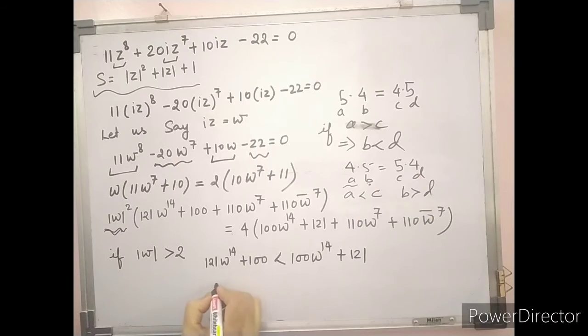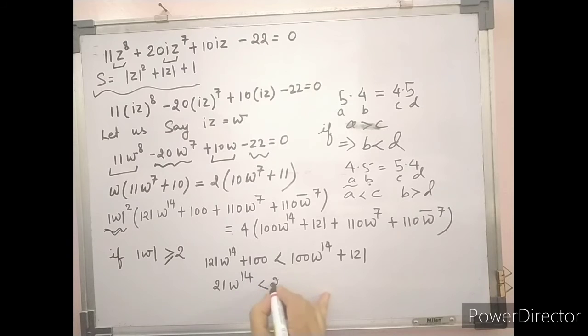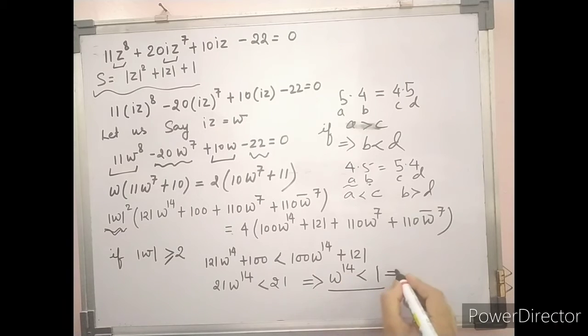So from here we can write 21 W to the power 14 is less than, one more thing we can write here is if we take W is greater than equal to 2, then also we do not lose any generality here. So we can write it 21 W to the power 14 is less than 21, and this implies that W to the power 14 is less than 1, okay.